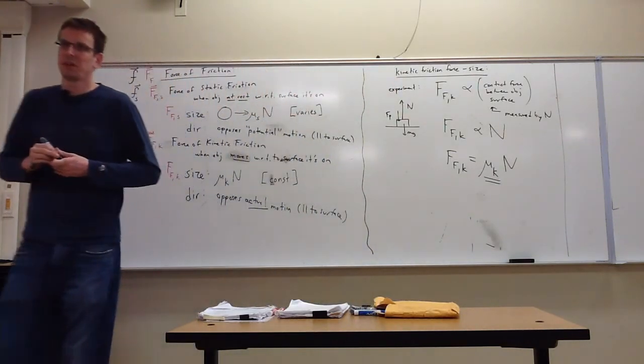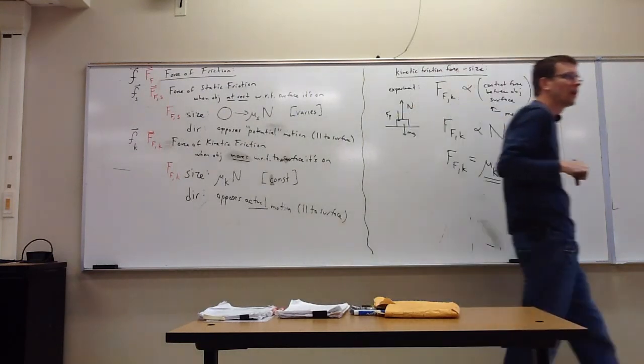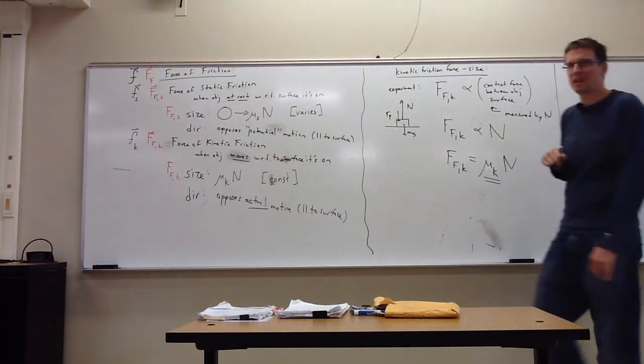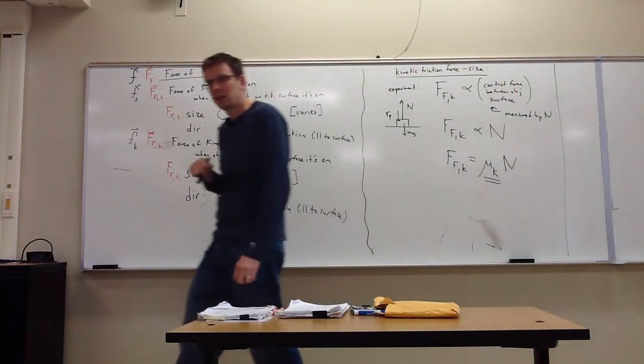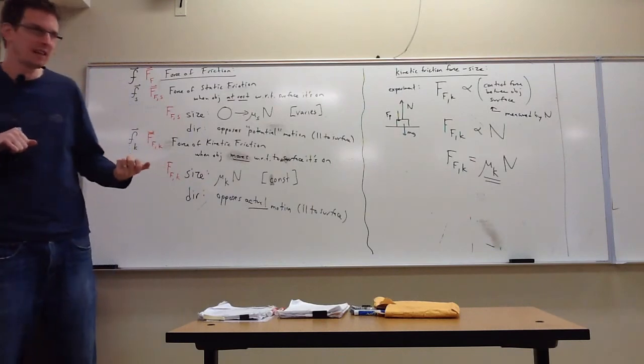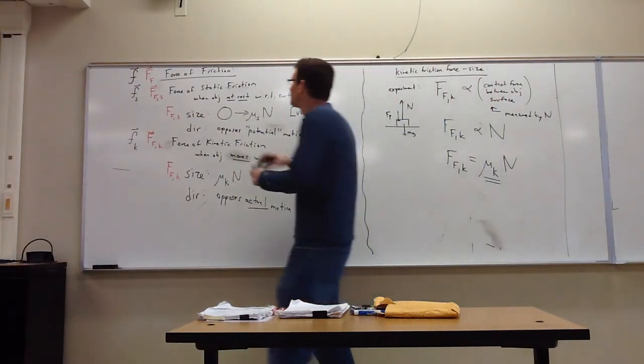This is mu sub k. It is another usage of the Greek letter mu. We used it for the first time as a prefix, meaning micro, 10 to the minus 6th. This has nothing to do with that. It's just a usage of that same Greek letter. Here's what that is.